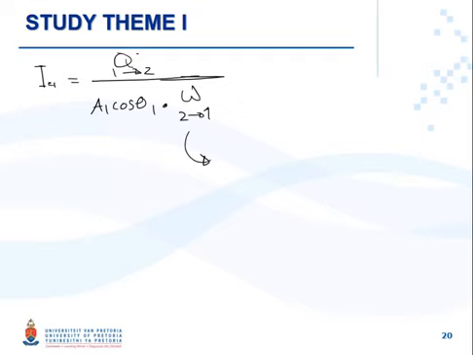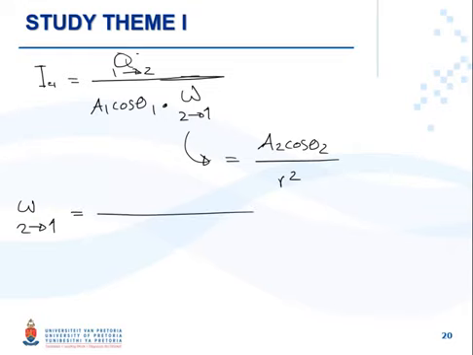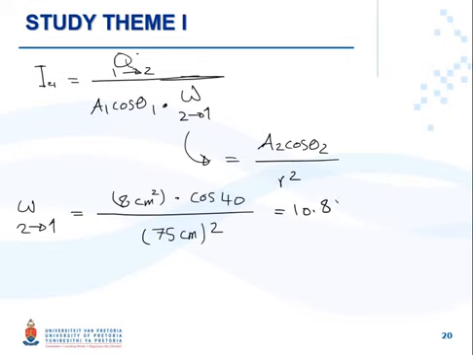The solid angle of 2 to 1 is equal to A2 cosine theta 2 divided by R squared. So let's calculate this one. The solid angle 2 to 1 is equal to A2 cosine 40 divided by 75 centimeter to the power of 2.